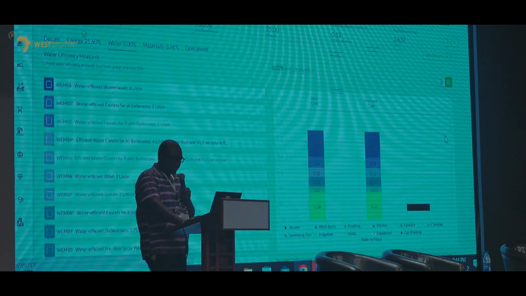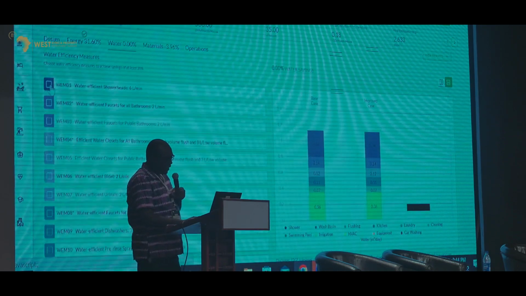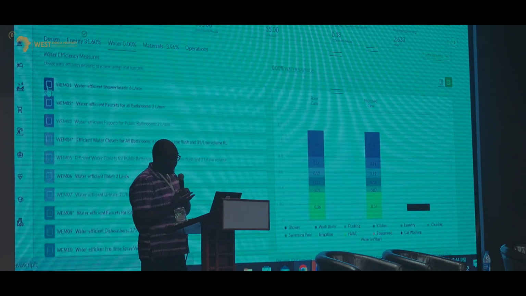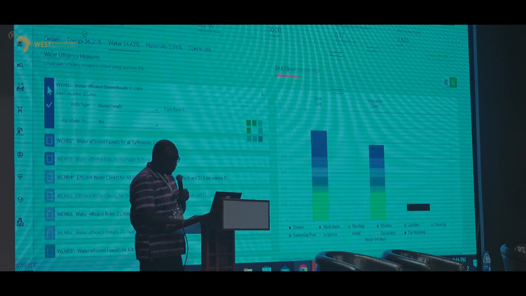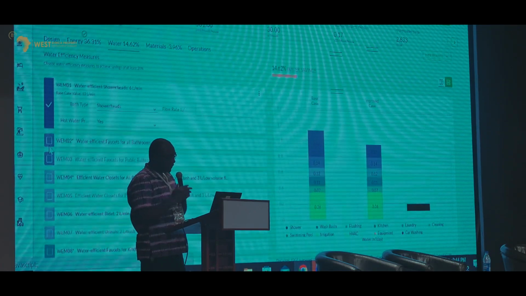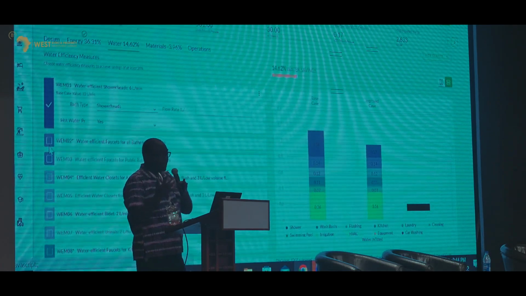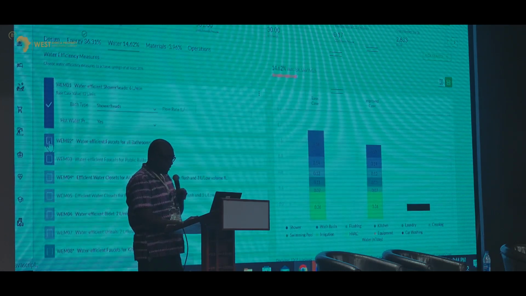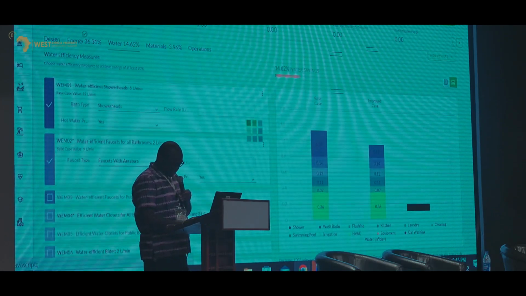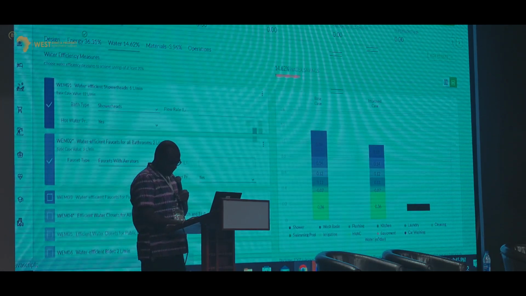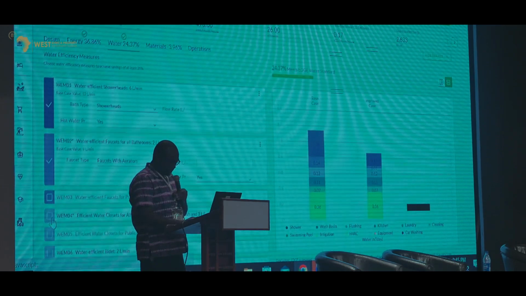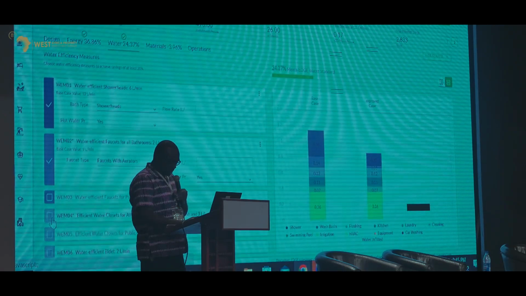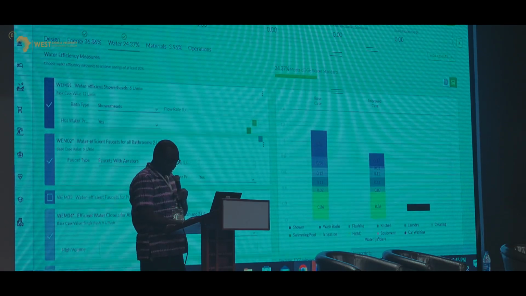The water, we stipulated that we will have low flow shower heads of 6 liters per minute. We will also have a water efficient faucet for all bathrooms of around 2 liters per minute. Then we will have a single flush system of 5 liters.